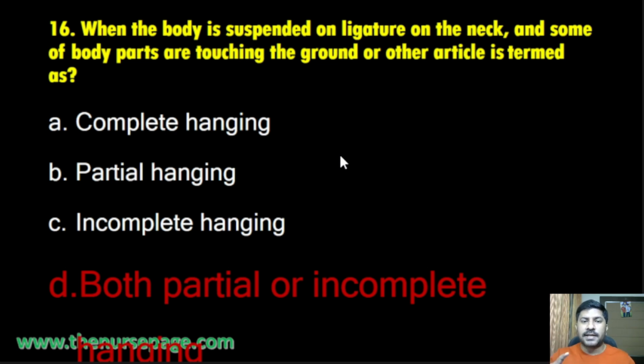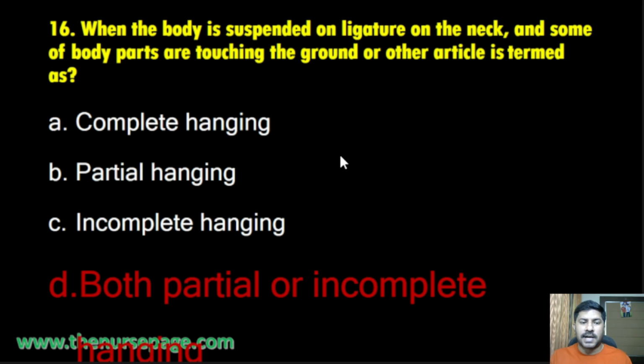In complete hanging, the body is suspended on the ligature and no body part touches the ground or any other article. If the body is suspended on the ligature but some body parts touch the ground or other articles, then it is called partial or incomplete hanging.